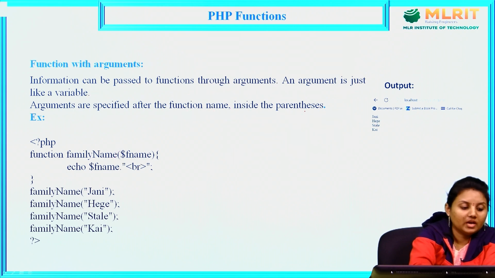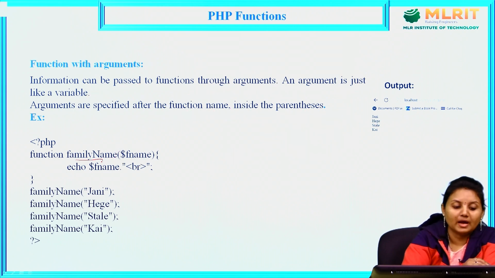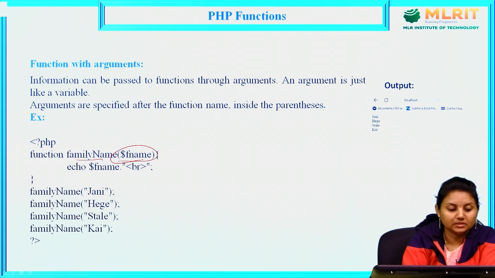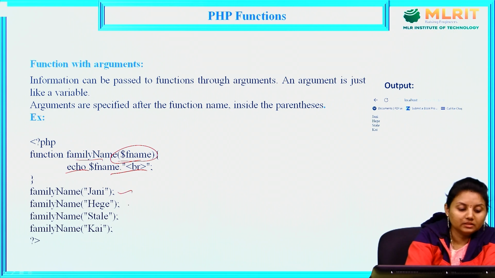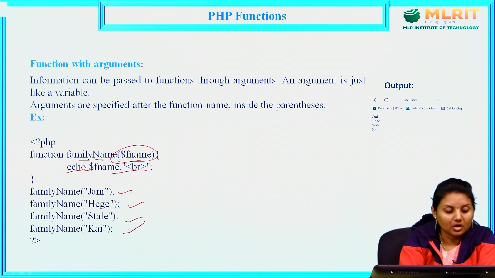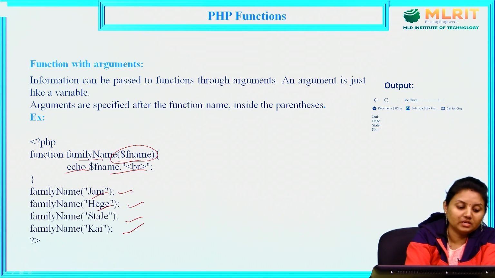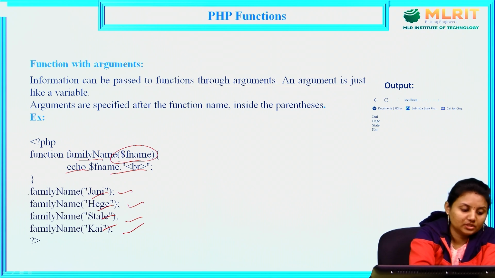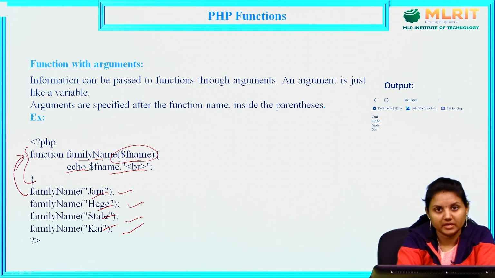Here we have taken a function familyName with fname as a parameter that you are passing. You are printing the fname here and you are calling the function familyName multiple times with different values. Each time you call this function, it goes to this particular function and this block of statements gets executed.